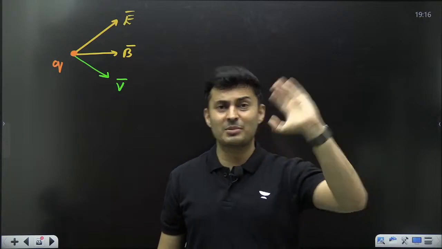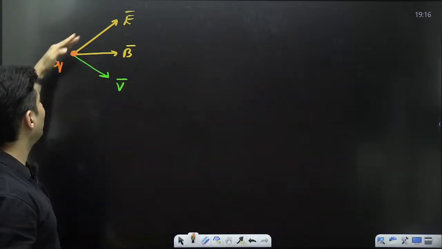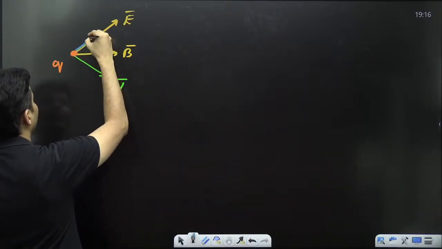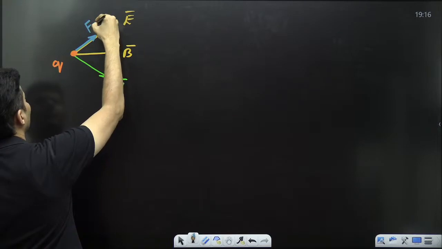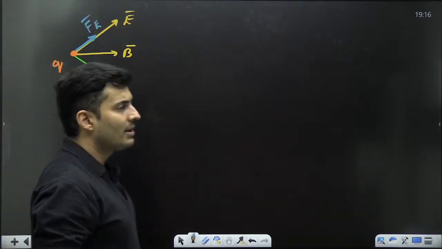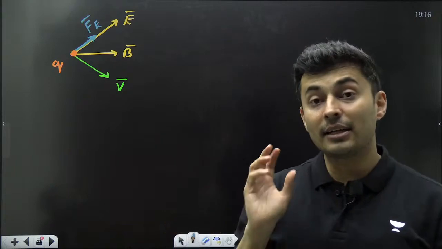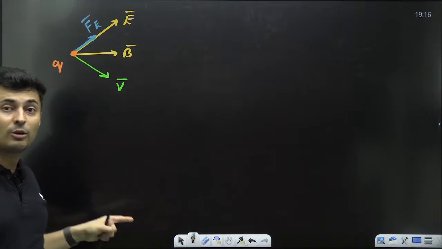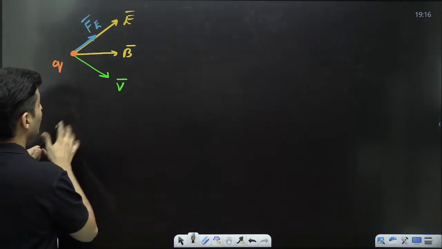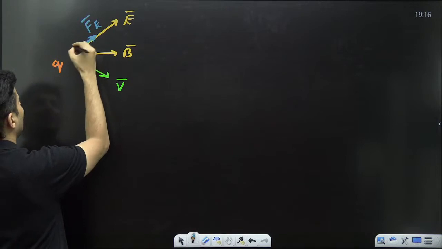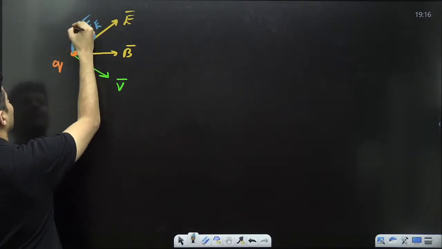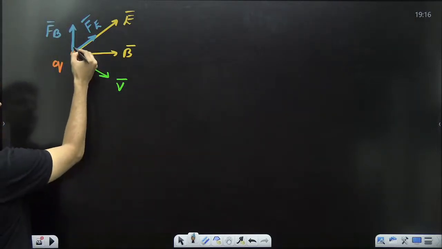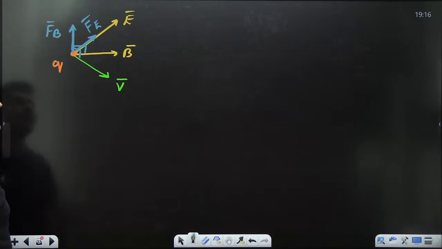Because of the electric field, there will be an electric force, which I will call Fe. Also, because of the velocity and magnetic field, there will be a magnetic force. V cross B might come out to be maybe like this. I'm just guessing. The magnetic force is perpendicular to both the magnetic field and the velocity.